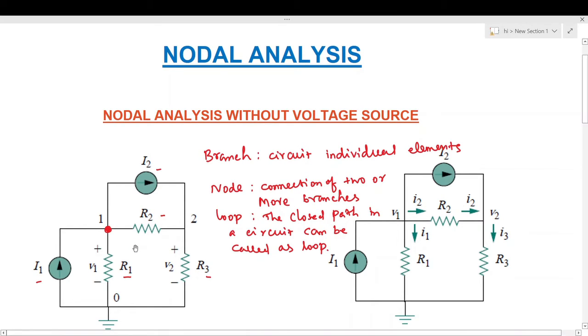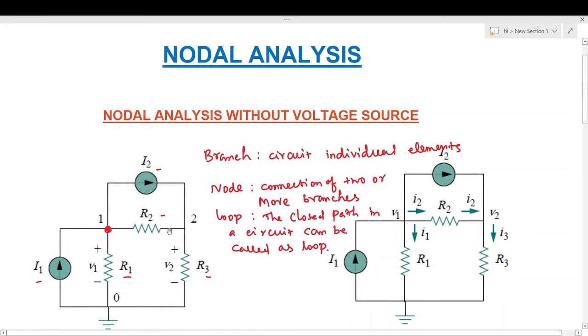First, we need to know what nodal analysis is. Nodal analysis provides a general procedure for analyzing circuits using node voltages as the circuit variable instead of choosing the element voltage. Node voltage will reduce the number of equations required to solve the circuit parameters.